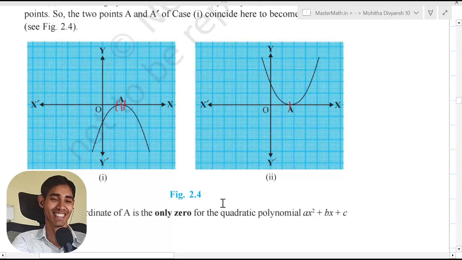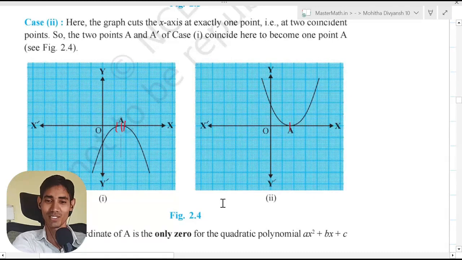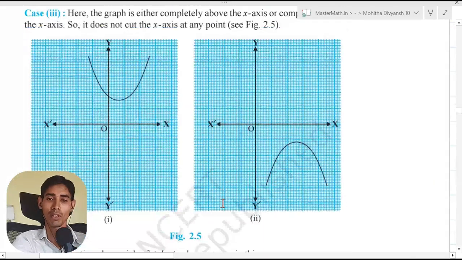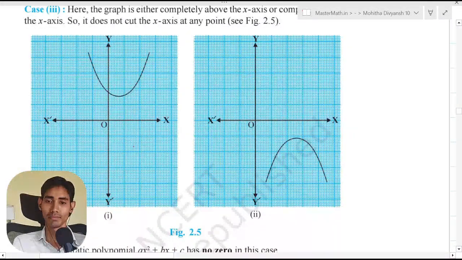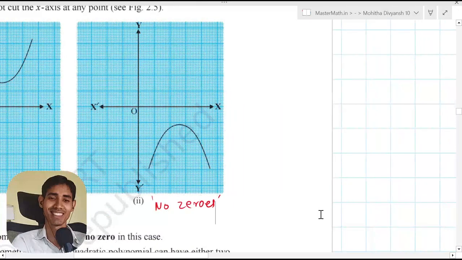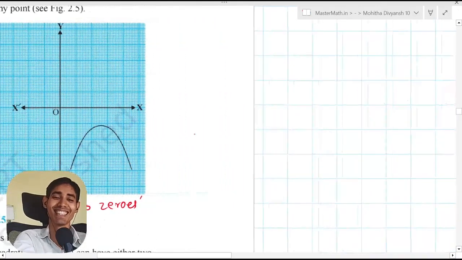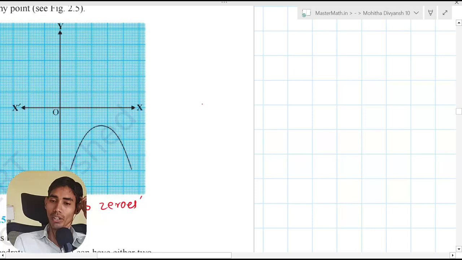So we need to be a little forgiving to the printers also. So now 1 and 1. And what about this? 0 and 0. We generally don't say 0 and 0, we call it no zeros. It's less confusing, basically. Now, if you have noticed, all these three were quadratic polynomials.